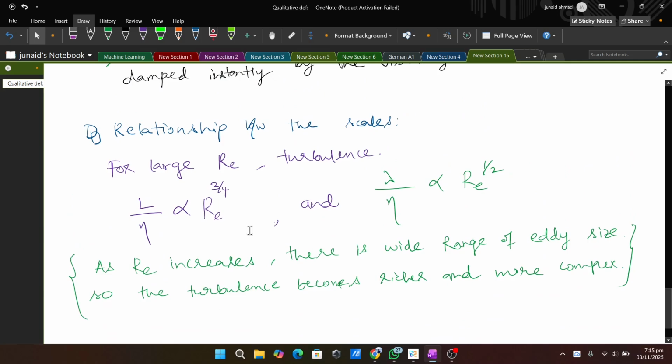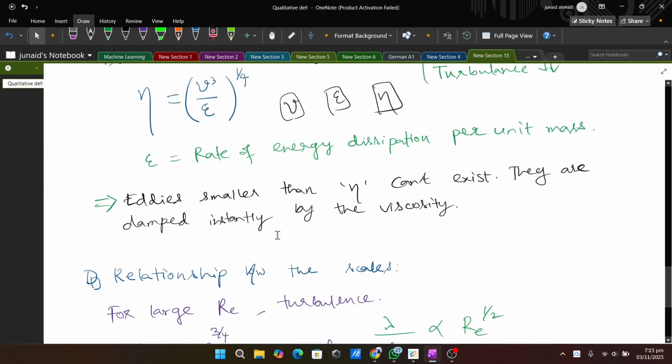And we say that as R increases, a wide range of eddy sizes will be there, so the turbulence becomes richer and more complex. And eddies smaller than the Kolmogorov microscale cannot exist. We also say that by taking a reference from a book. Okay, thank you.